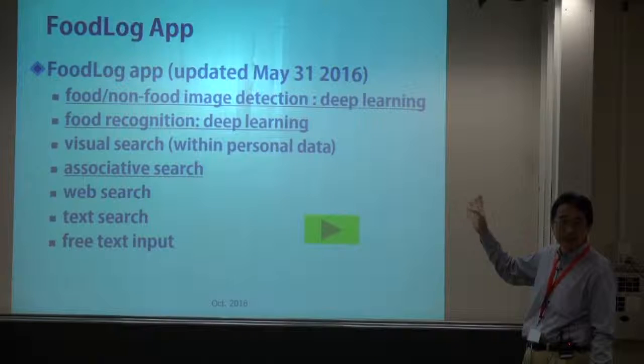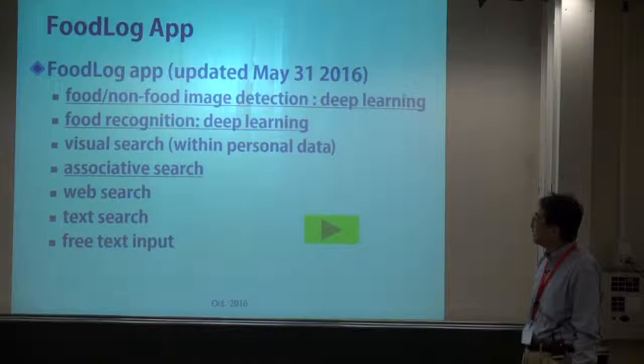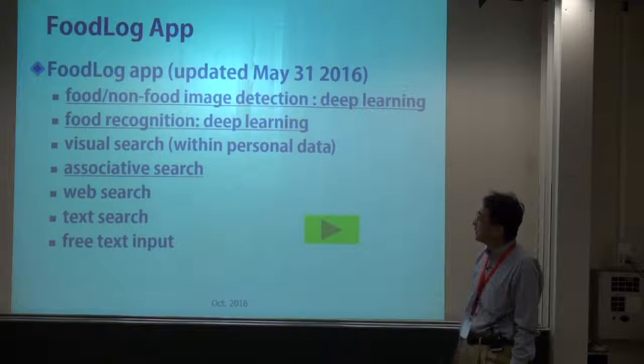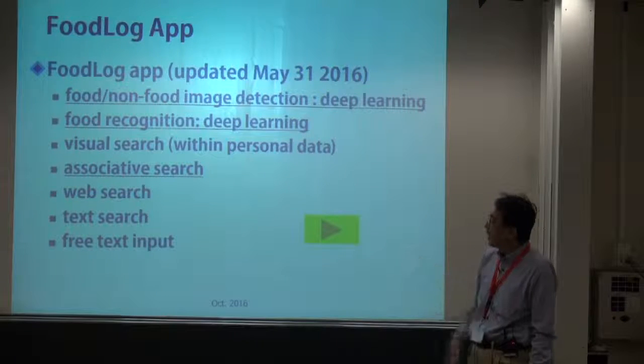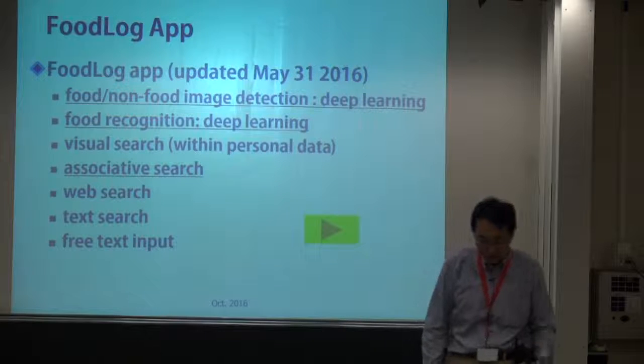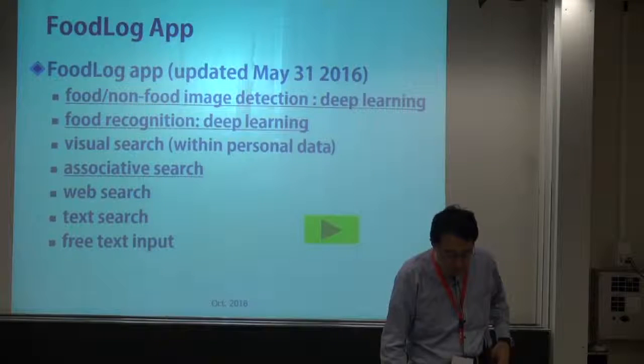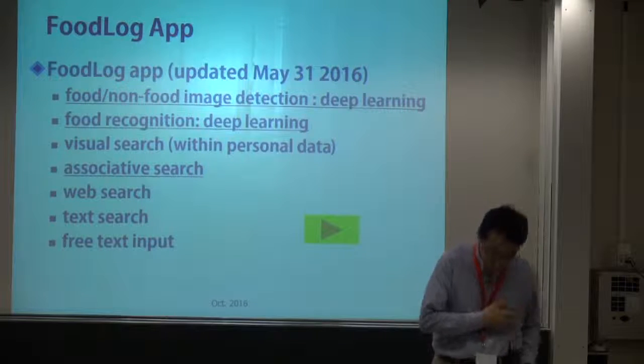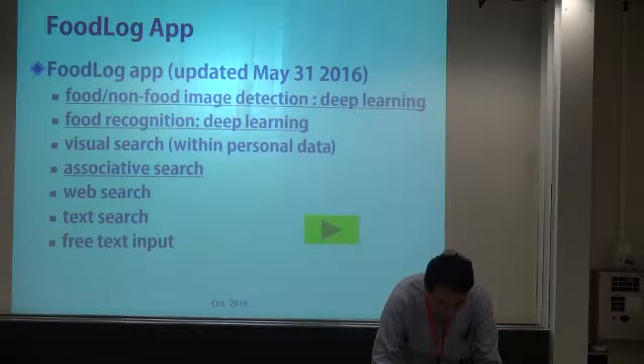We rely heavily on deep learning technology. And it also still has a visual search, and it has associative search as well. And let me show a demo. I think if the connection is not good, then I will show the video. Let's see.